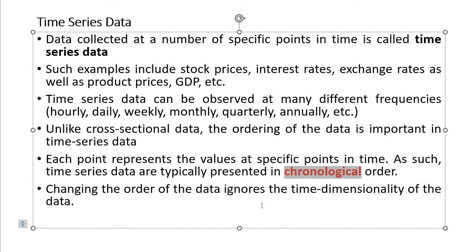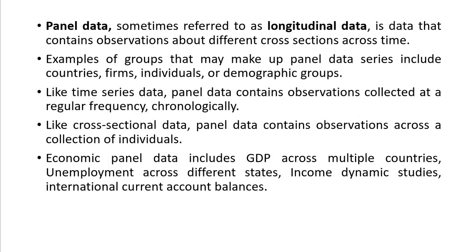Then the last one that we have to look out for is the panel data. Panel data exhibit the character of both cross-sectional and longitudinal, cross-sectional and time series data. In other words, we can have different types of variables studied at different time periods over a given period of time.